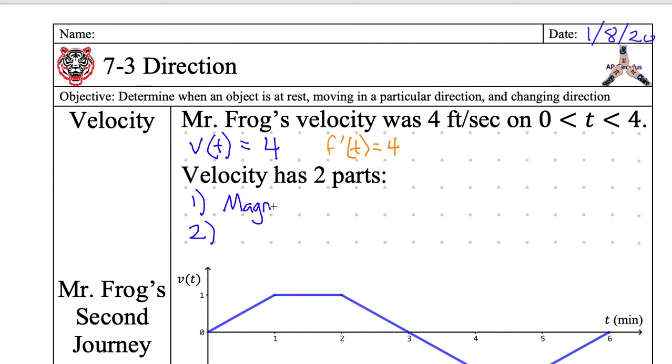Magnitude, and I guess I should keep this capital, direction. Magnitude is the number, right? How big the number is. 2 is bigger than 1, so 2 has a bigger magnitude than 1. And then direction, at least in AP Calculus, we're keeping it simple. Are you positive or are you negative? That's all I care about. The end.